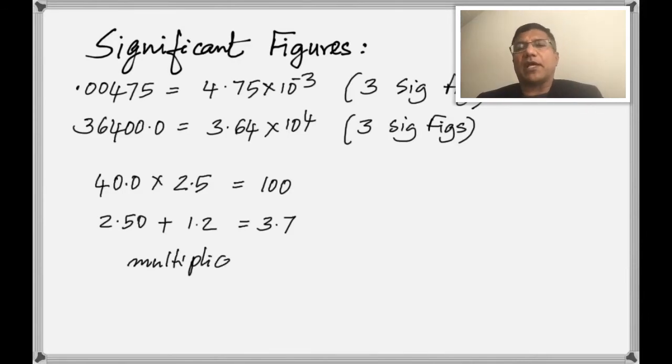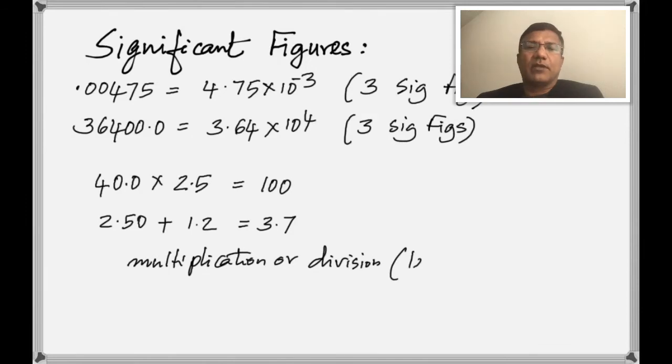So when you multiply and divide, you have one rule, which is for multiplication or division. You look at the lowest number of significant figures and the answer should have the lowest number of significant figures.